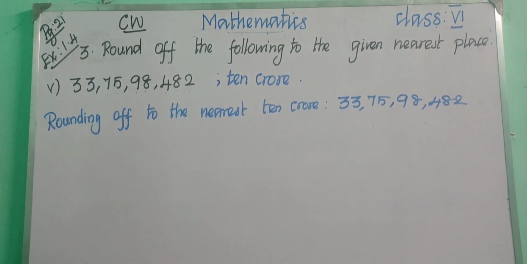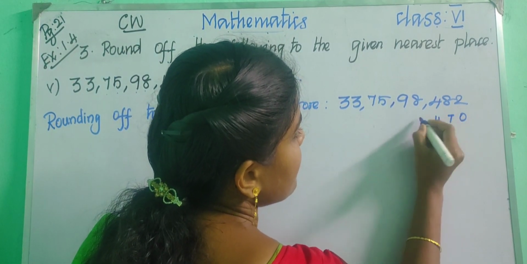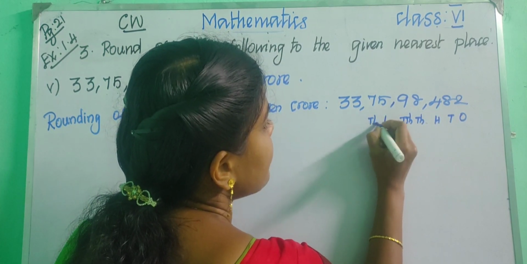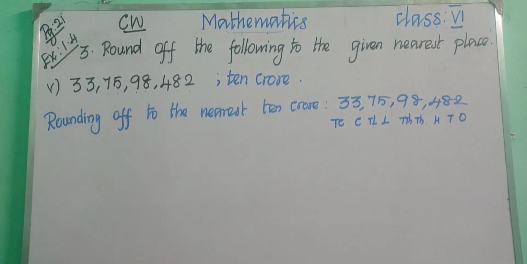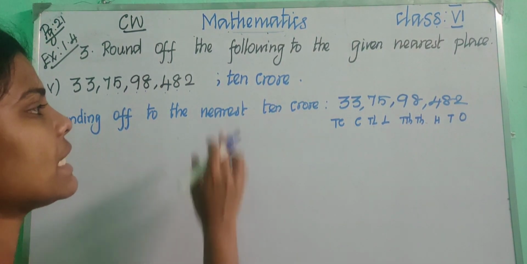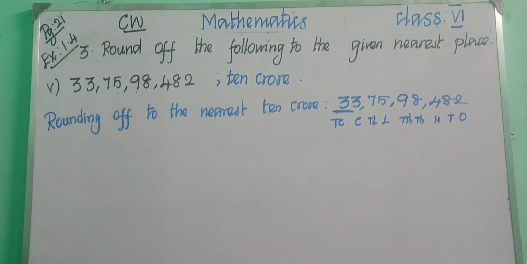We need to write the place value: ones, tens, hundreds, thousands, 10,000s, lakhs, 10 lakhs, crore, 10 crore. We are having up to 10 crore. The question is to round off up to 10 crore, the nearest 10 crore. So this is the place of 10 crore. 3 is in the 10 crores place. So for that, what we need to do?